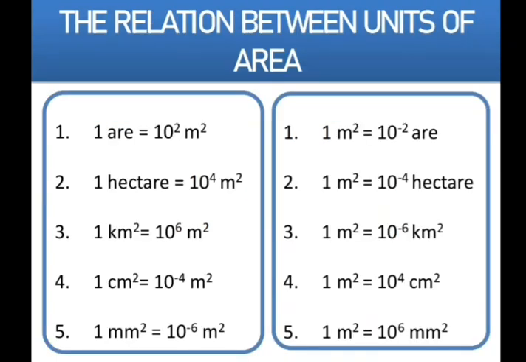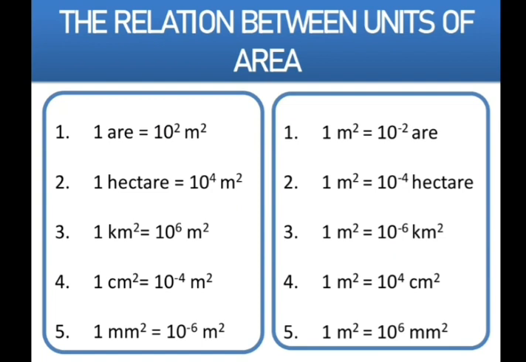Now see here, these were all the relations which we have seen. 1 acre is equal to 10^2 square meter or 100 square meter. Fine. We can also write it as 1 square meter is equal to 10^-2 acre.